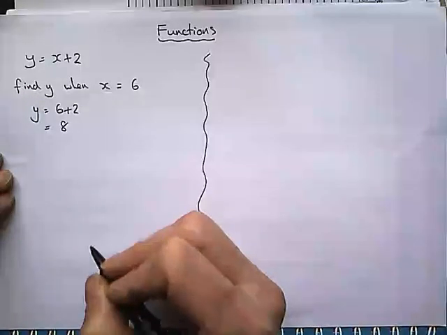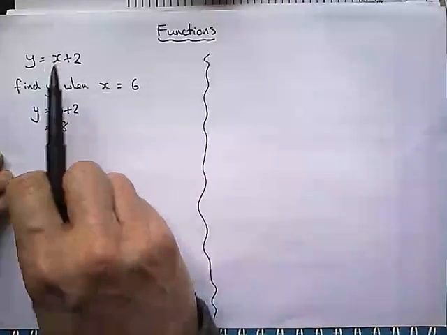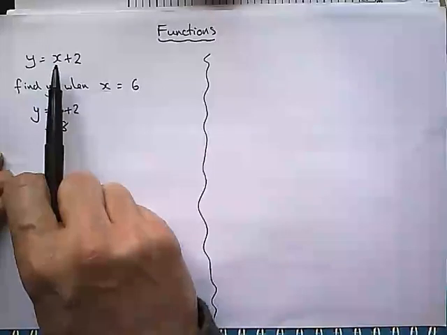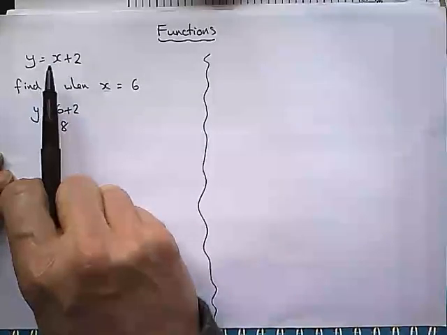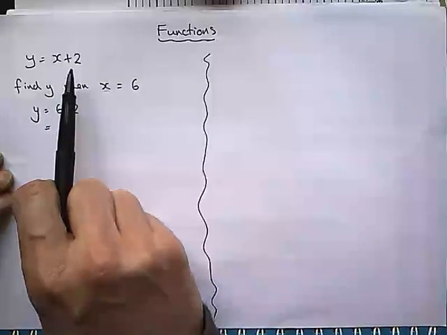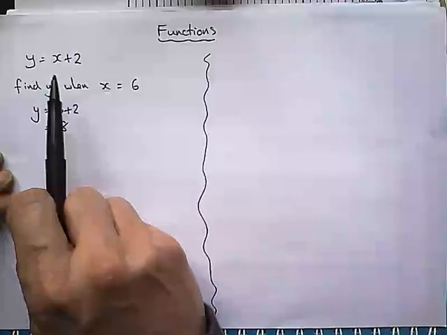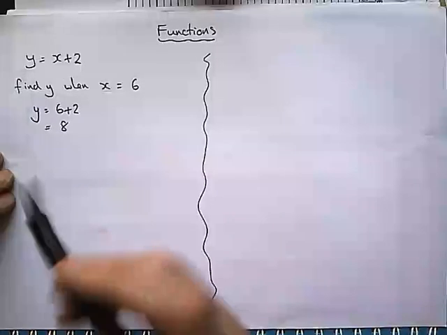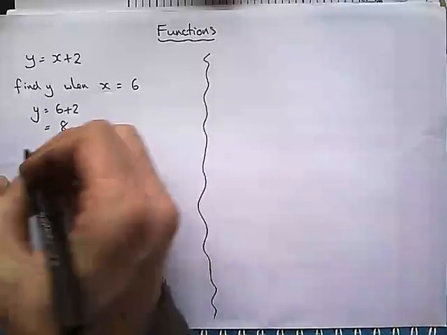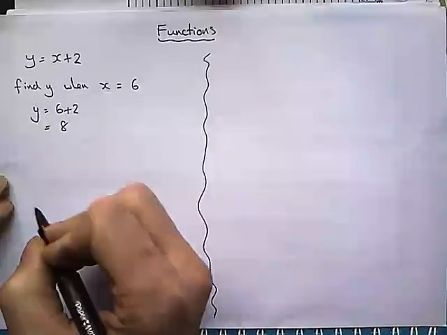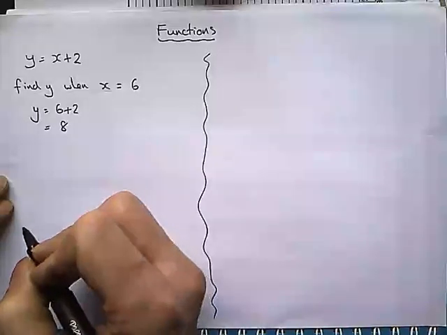So what we have here in this equation that I've just used is y is equal to something to do with x plus 2. So what we call this is a function in x. And we write that with usually a letter. Could be f, could be g, could be h, could be k, could be anything really.